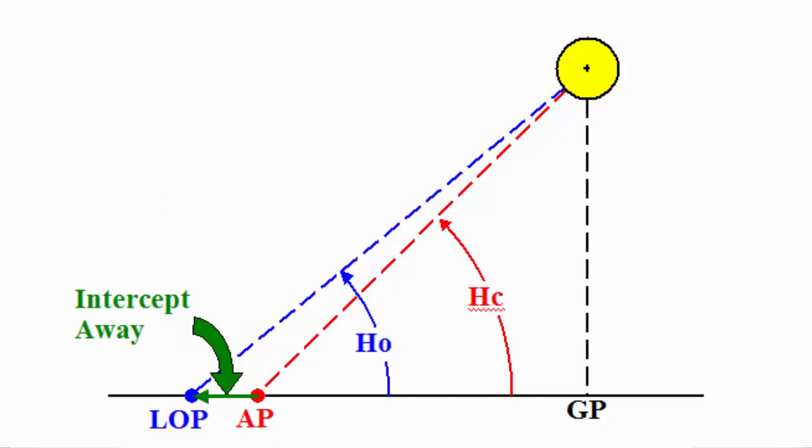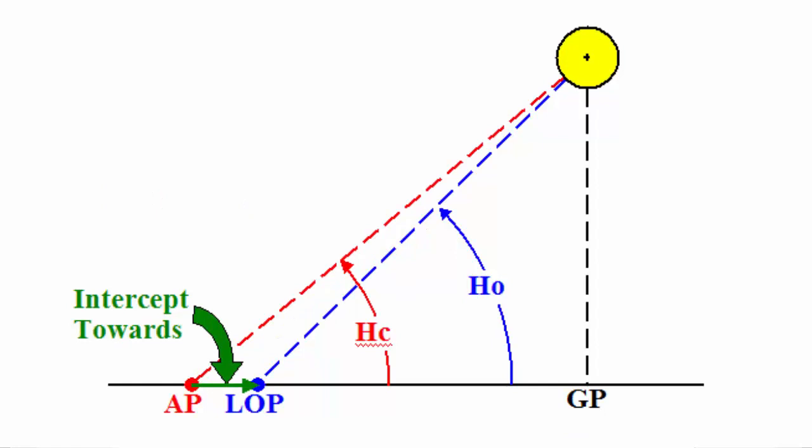And the opposite of that, which is what we have in sample problem number 4, HO angle is less than the HC angle. Therefore, the intercept is plotted in the away direction from the GP in order to define the LOP. So here we are. HO is less, away. HO is more, towards. Okay?